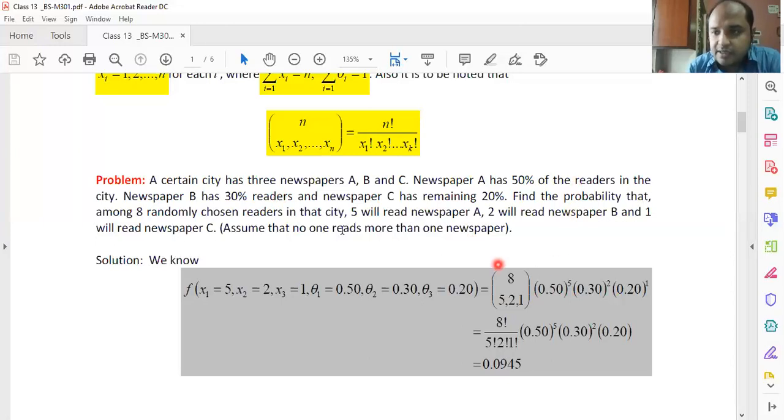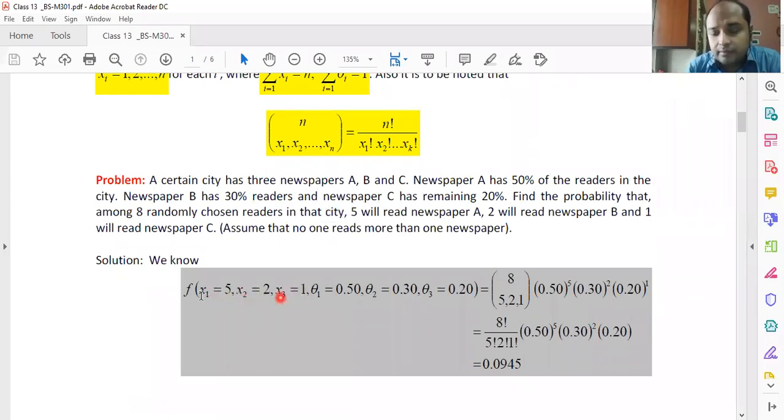Now if this is the scenario, then we can extract the values given for different variables, as shown in the formula of the probability mass function above. Since there are three newspapers, we consider three variables, x1, x2, x3. Since 5 read newspaper A, x1 will have value 5. 2 persons read newspaper B, so x2 will be 2, and 1 person read newspaper C, so x3 will be 1.